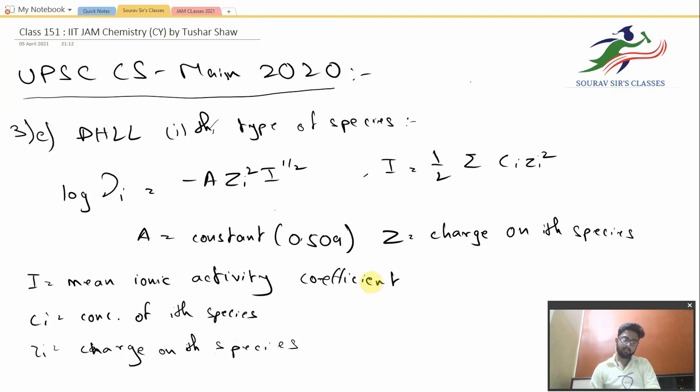So all the terms are now explained. Now let us look at the units.